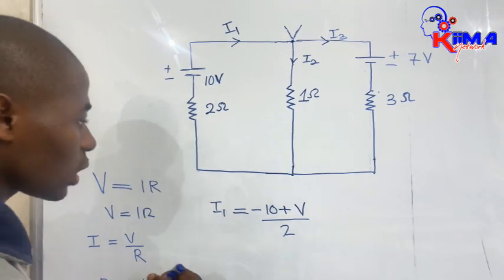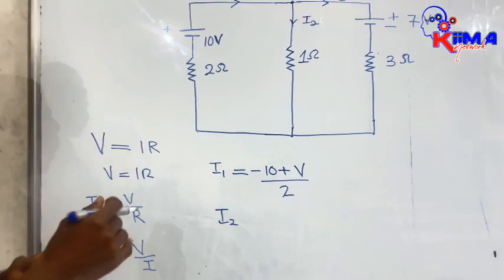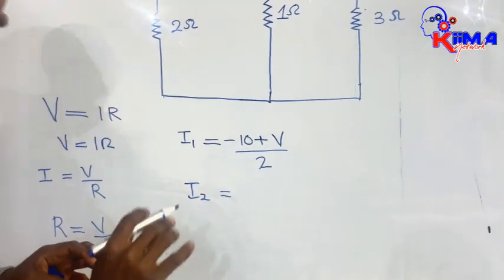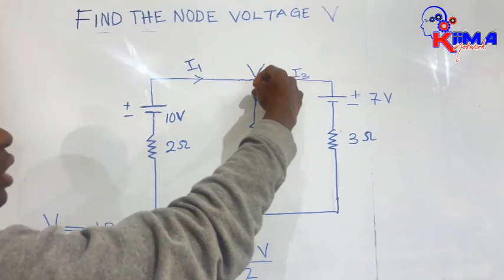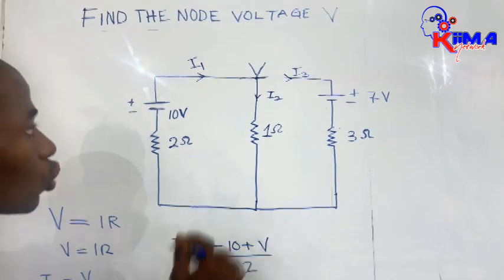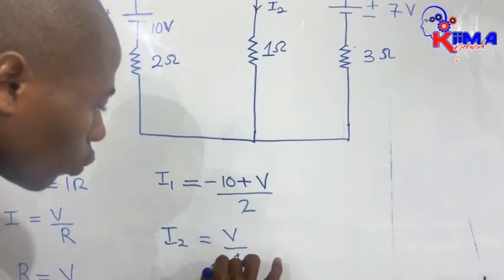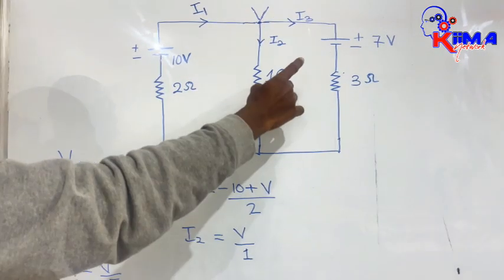The next point is I2. I2 is coming this way, so we get V all over 1, which is the voltage over the resistor.